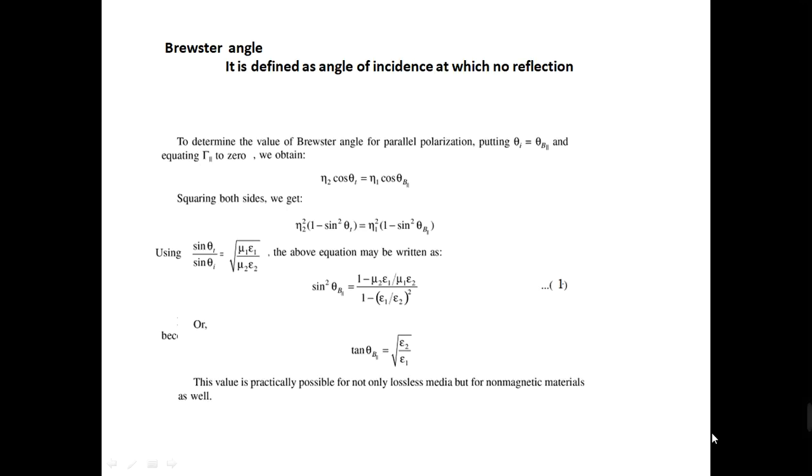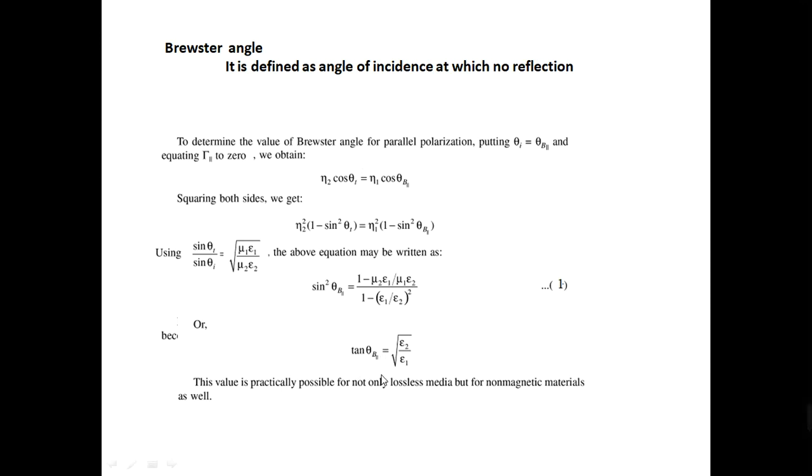Now, coming to another definition, that is the Brewster angle. The Brewster angle is defined as the angle of incidence at which no reflection takes place. Let us find the Brewster angle for parallel polarization. If the angle of incidence is equal to the Brewster angle, the reflection coefficient is equal to 0.